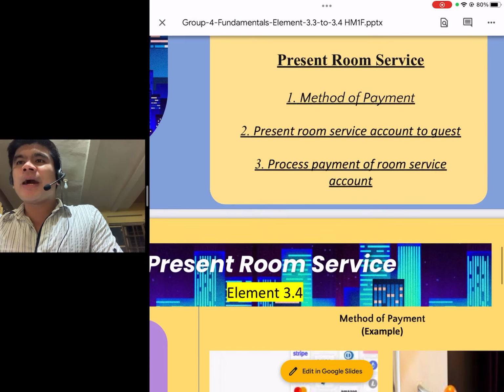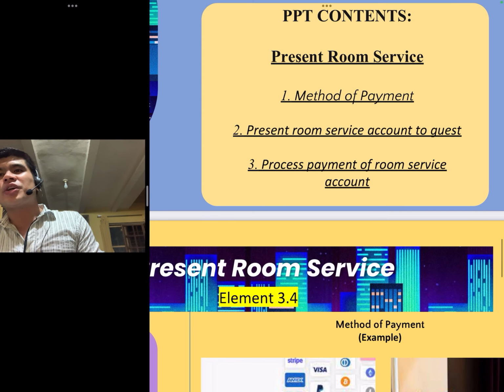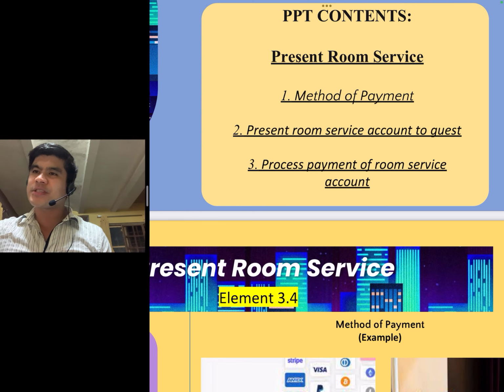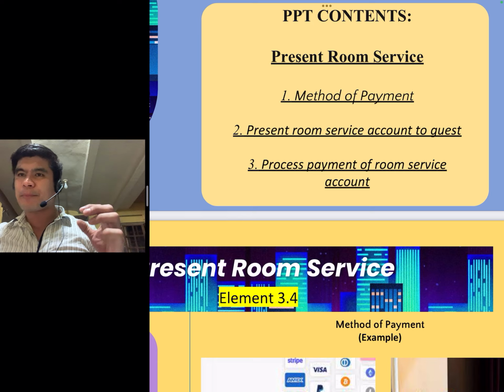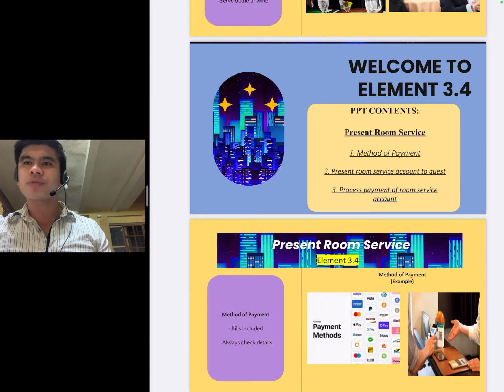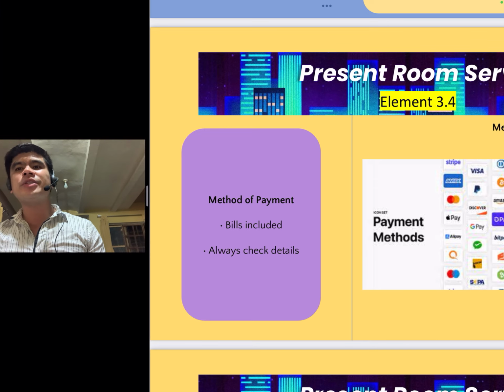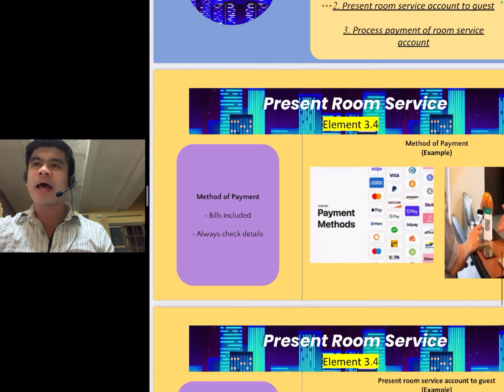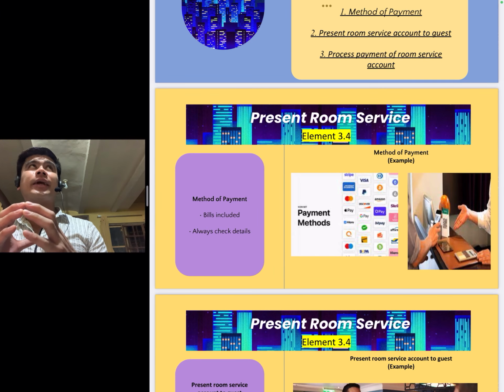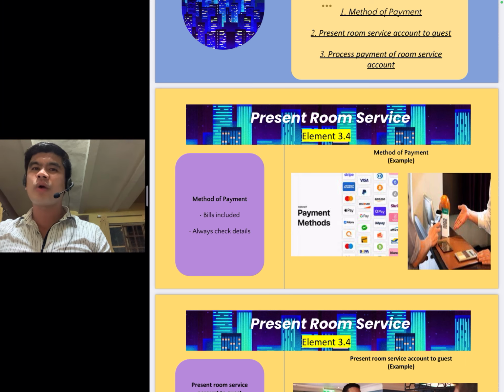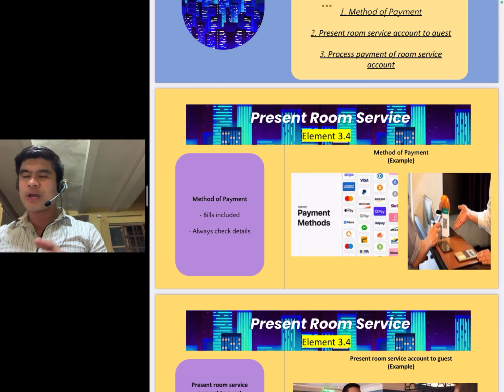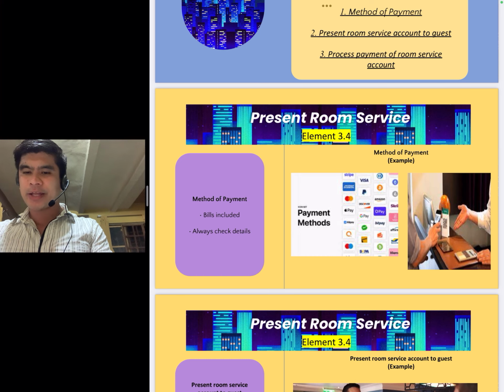Okay, now we're going to be moving on to the method of payment, present room service account whenever it's necessary, and process of room service accounts. First, method of payments. Bills included, always check the details. Now, if you have the bill jacket and you're going to room 101, make sure that the bill jacket belongs to room 101.